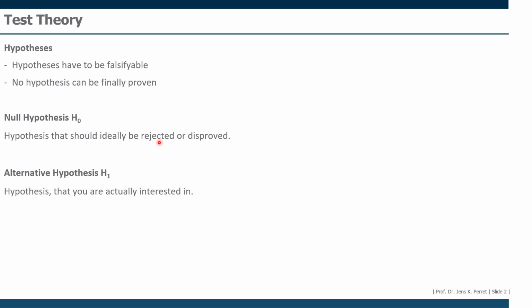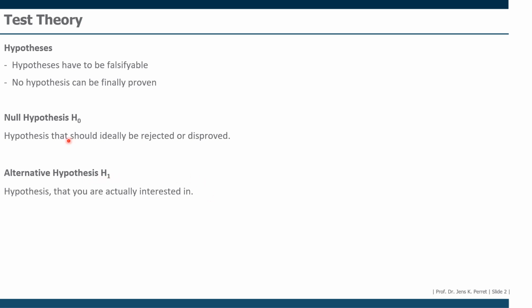And ideally, we can reject the null hypothesis. So if the null hypothesis does not hold, then necessarily the logical opposite needs to hold. The logical opposite is what we actually wanted to show. So if we can reject the null hypothesis, this means that the alternative hypothesis should be the correct one.